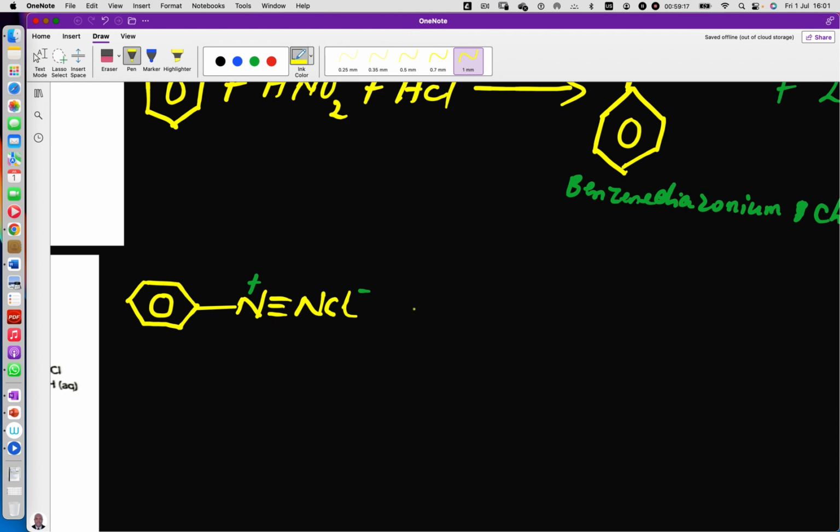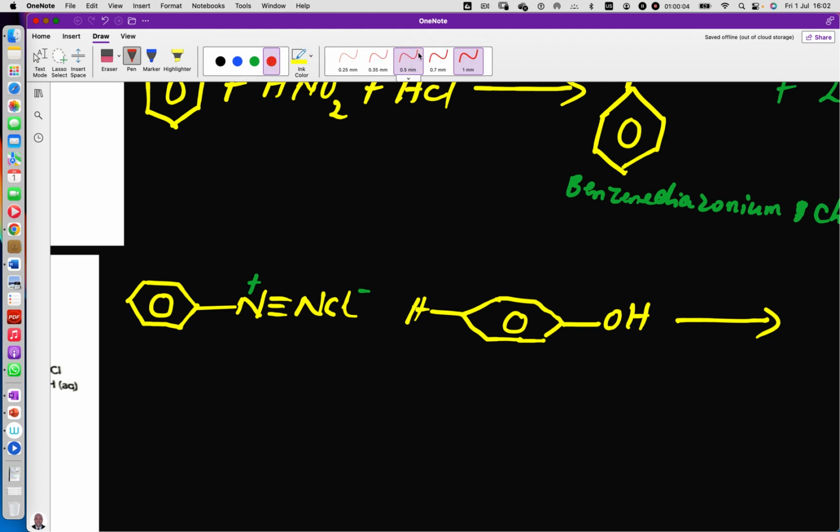This is hydrogen. This is a phenol. This is the alkaline solution of phenol in a coupling reaction. See what is really going on there.